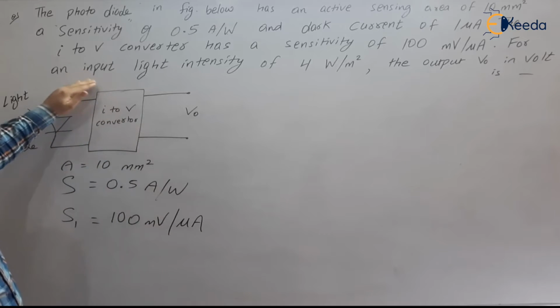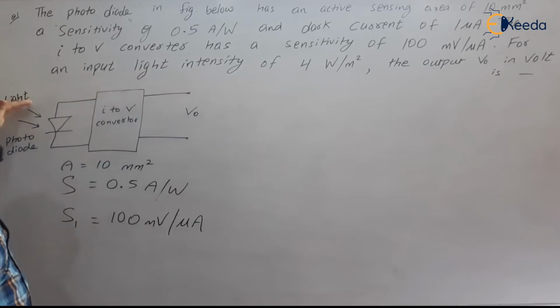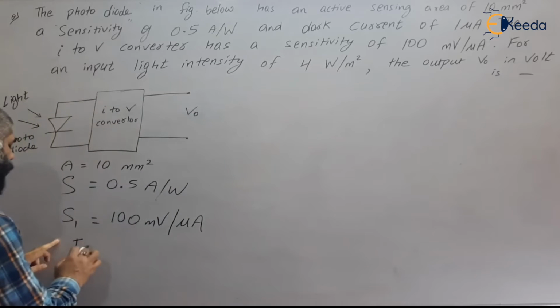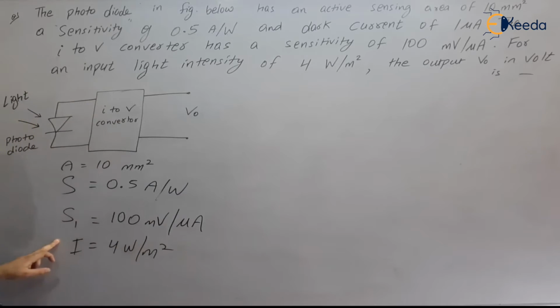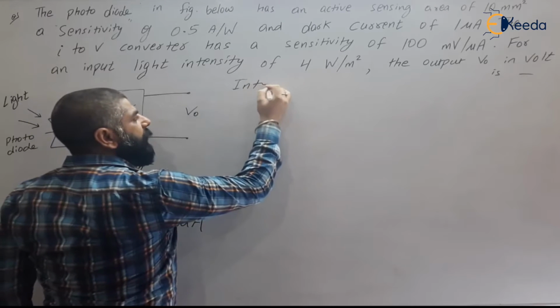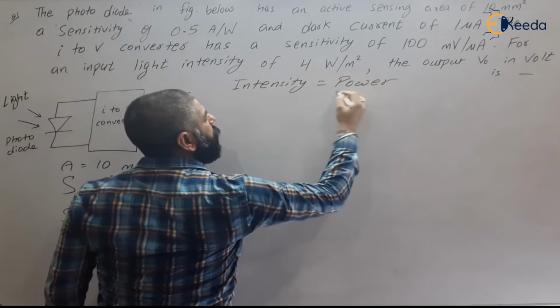Now, the light which is falling has an intensity of 4 watt per meter square. So see the unit: what is intensity? Intensity is defined as power falling per unit area.